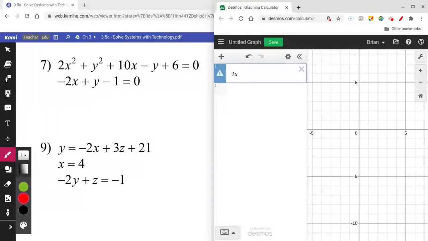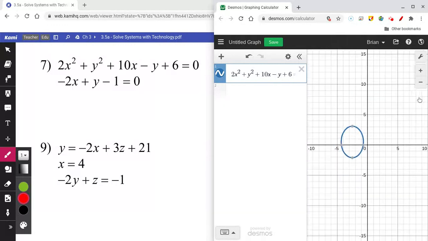So shift 6 puts me up into the exponent for a square, plus y, shift 6, plus 10x minus y plus 6 equals 0. Interesting. It appears to be either a circle or an oval shape. Yeah, it looks like an oval shape.